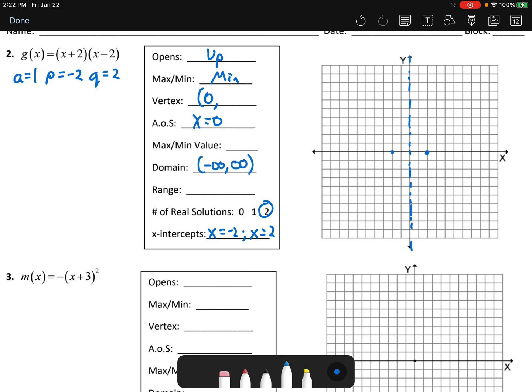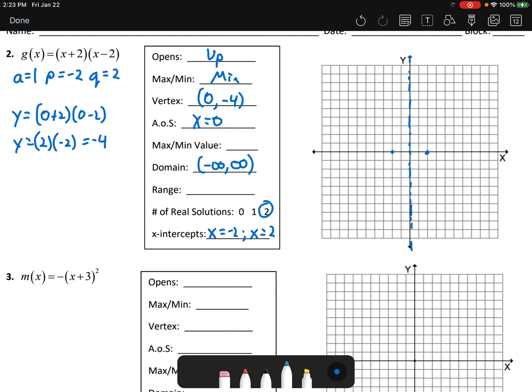I also know my domain is always negative infinity to infinity. So simply by graphing this, we figured out most of the problem. Now we got to find our y value. And our y, remember, is we plug in our x, and our x is 0. So that's going to be 2 times negative 2, which is negative 4.